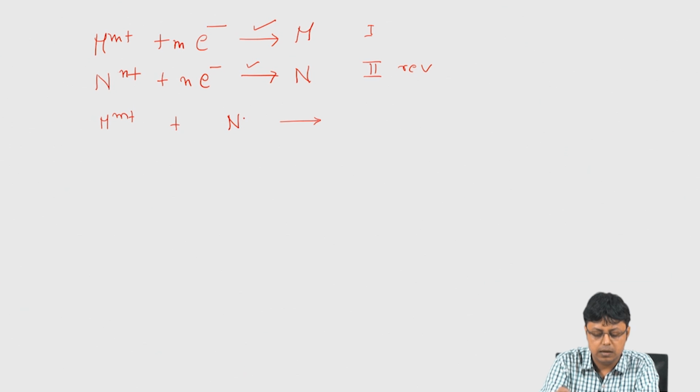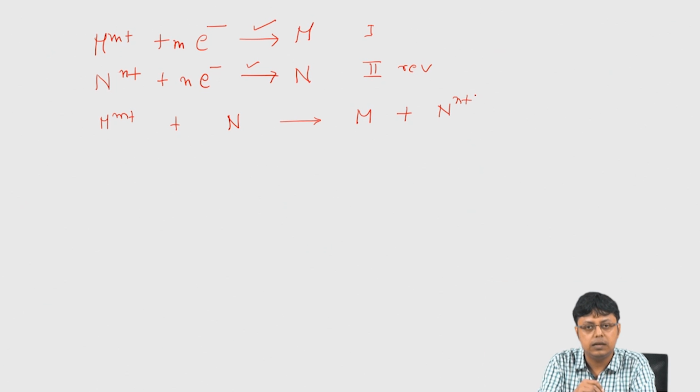So, the metal M is getting reduced and N is getting oxidized. Of course, we do not have the electron balance here, so we have to balance it.